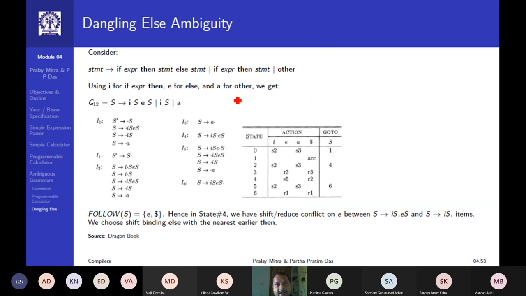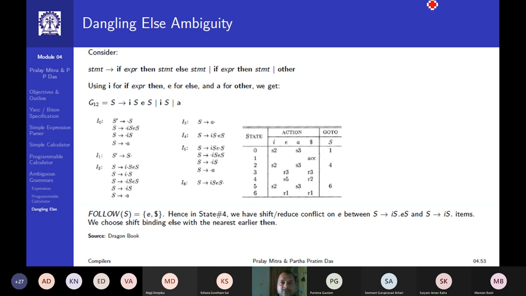Now another interesting fact regarding this ambiguity is some common confusions you create in your programming and data structure class. You remember that if then else condition, right? So if there is some condition, else you will do something. Now there is a possibility that there is no else part, only if is there. And next there is another if, but that if has an else part.